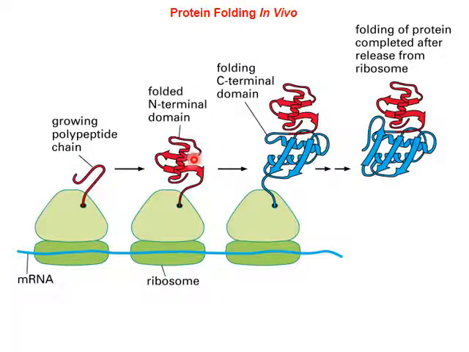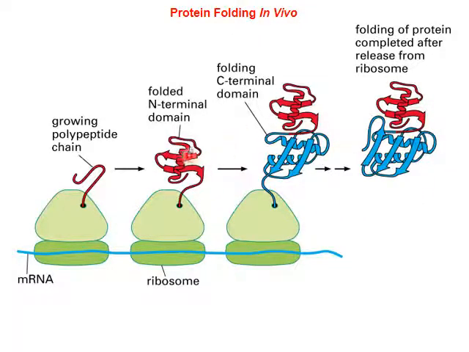When we look at in vivo protein folding, and that's kind of shown here, as the protein chain is growing and comes off the ribosome, domains will start to form as it's emanating from the ribosome and eventually form a stable protein.